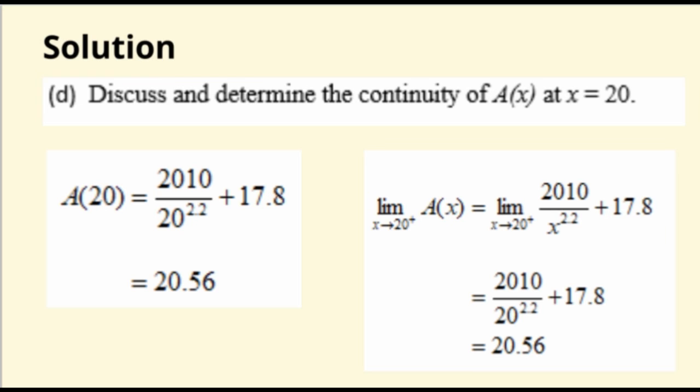For the right-sided limit, limit as x approaches 20 of A of x equals limit as x approaches 20 of 2010 divided by x to the power of 2.2, plus 17.8. When we replace 20 into x, the answer will be 20.56.